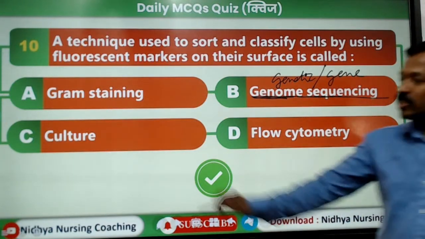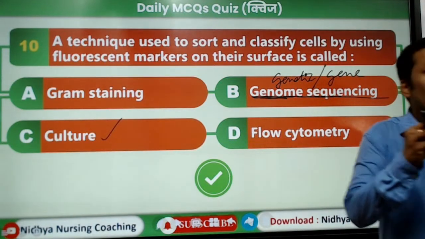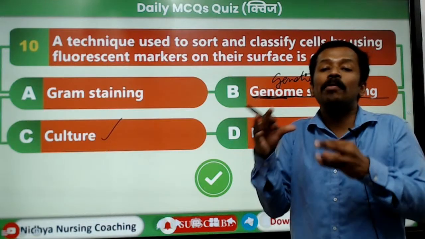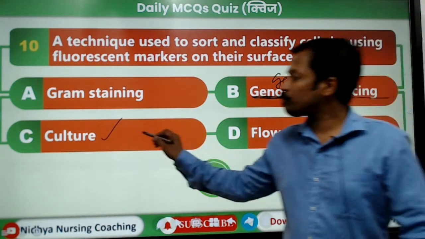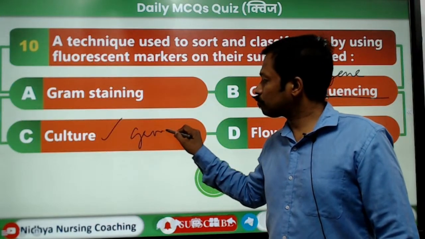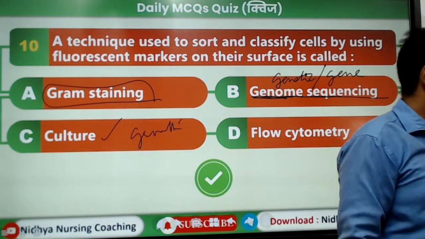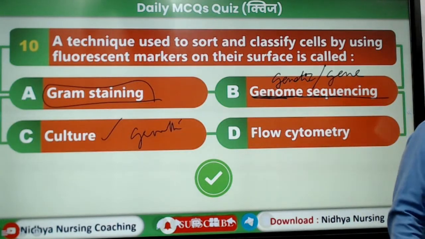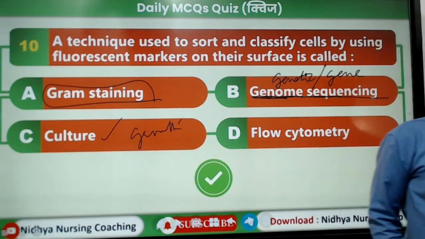How about the culture method? Why are we using the culture method? To help with growing. Then gram staining. Why are we using gram staining? Color pigment.